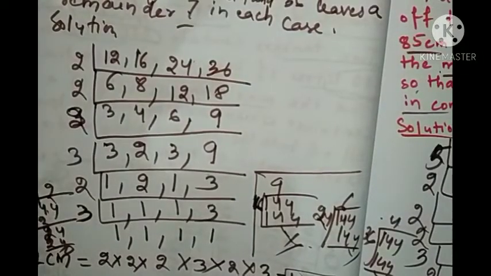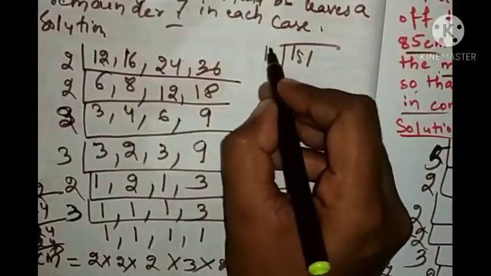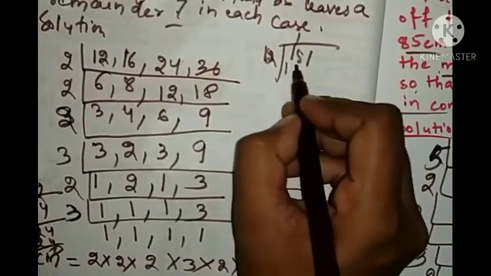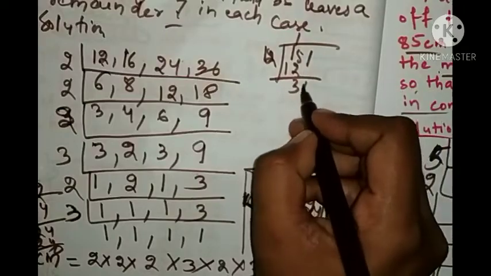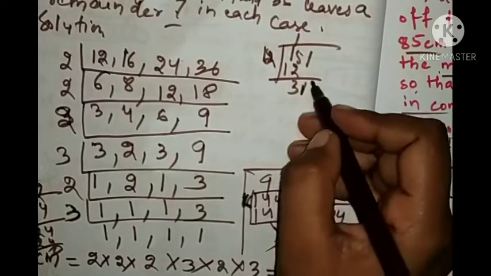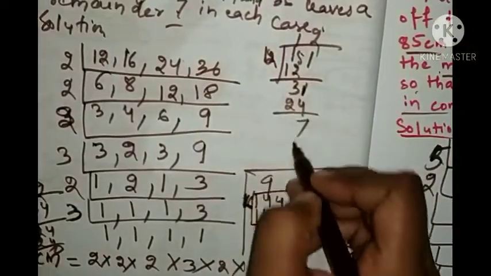Look here, 151 divided by 12. 12 ones are 12, 12 twos are 24. What am I getting? 7.